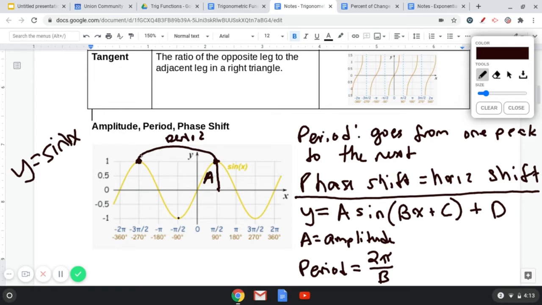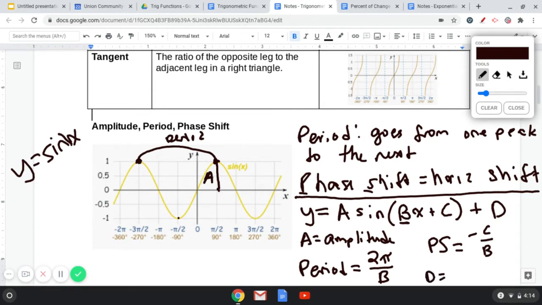And we already said that the period was 2 pi because it takes 2 pi to get from this peak to this other peak. So the period equals 2 pi divided by this b value. And then the phase shift, we can call this PS, phase shift, equals negative c divided by b.